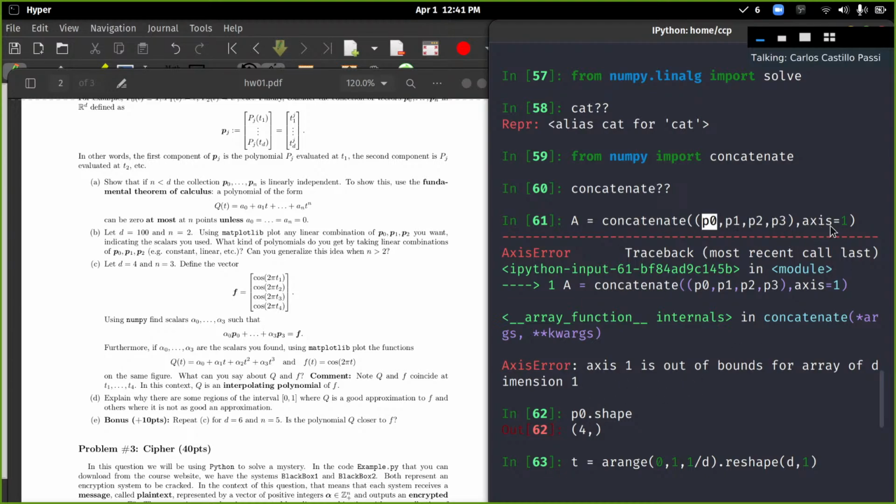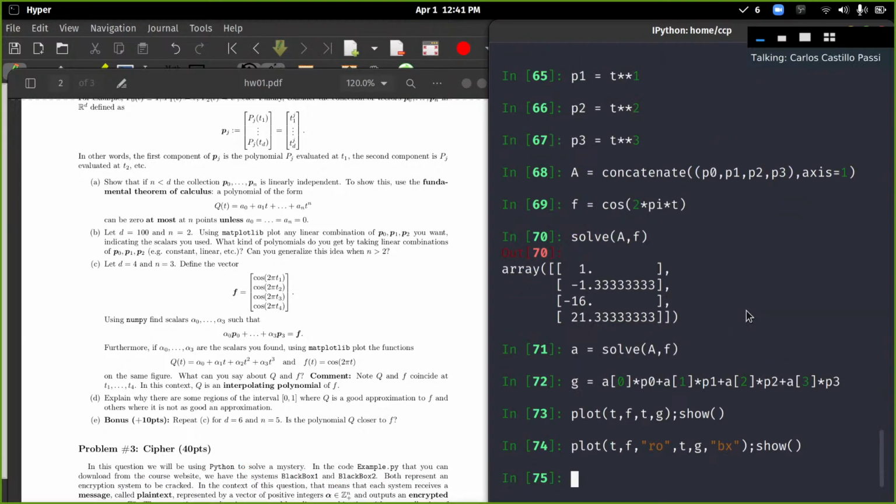So I couldn't use axis equals to 1, because 1 in Python means the second axis. The first axis is 0 and then 1. So it didn't have a 1 axis.